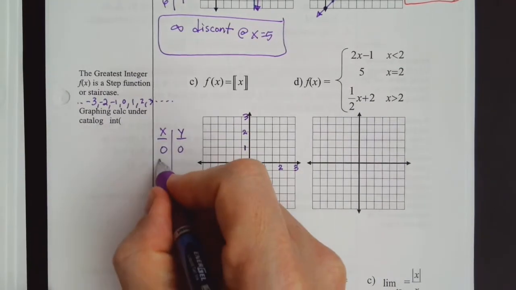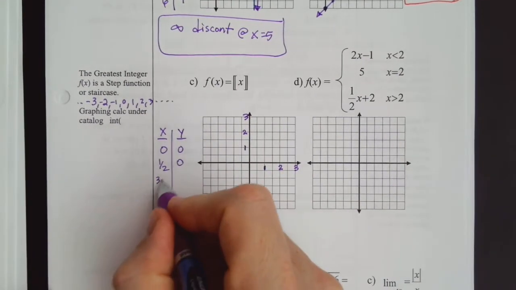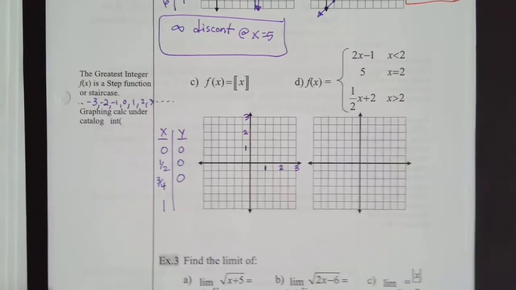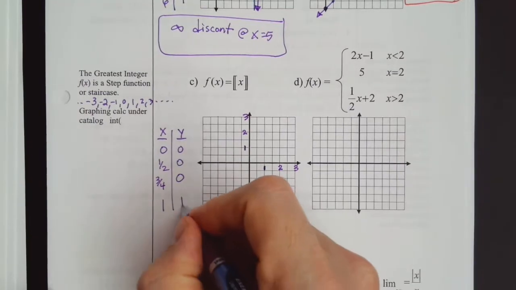Let's try another one, 1/2. What is the greatest integer less than or equal to 1/2? That's going to be 0. Try one more, 3/4. Again, 0. Okay, let's skip to 1. Remember, pause whenever you can when you think you know some stuff. All right, so the greatest integer less than or equal to 1 is 1.